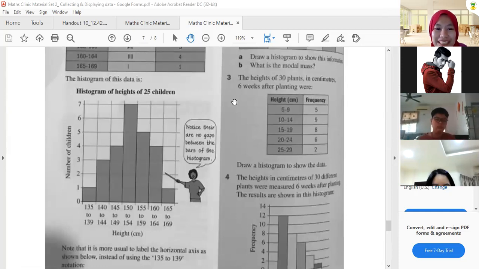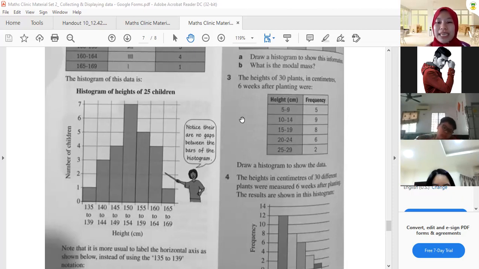You have no spaces, and also your data is not discrete. What type of data is used for a histogram? Correct, no space in between. A bar chart is for discrete data; a histogram is for what type of data?